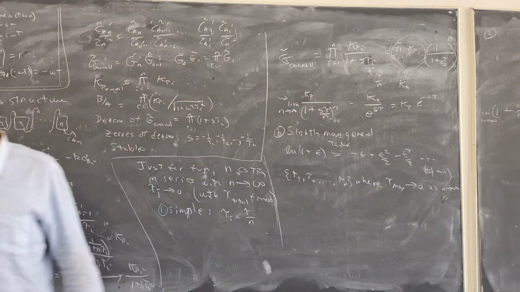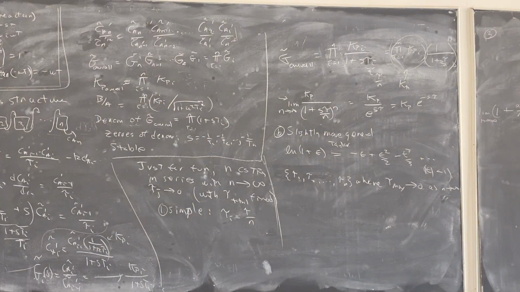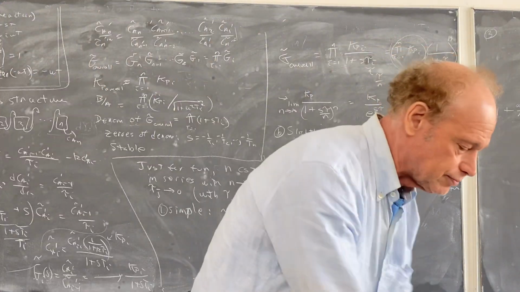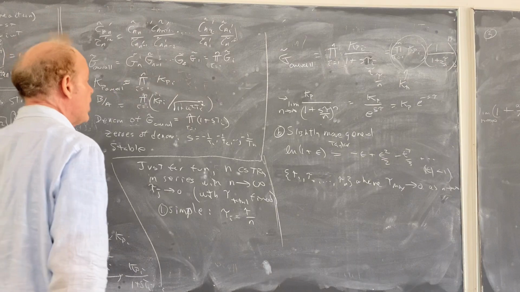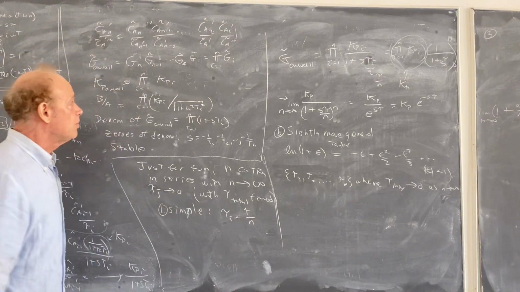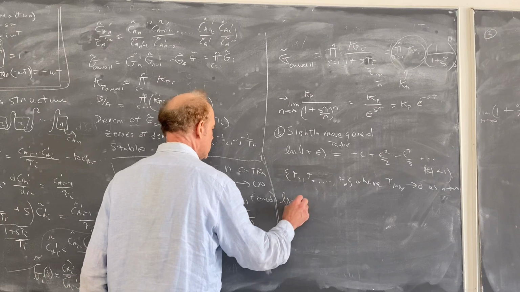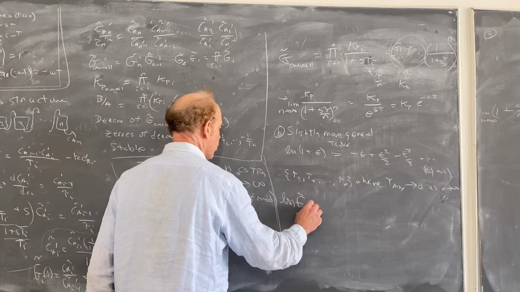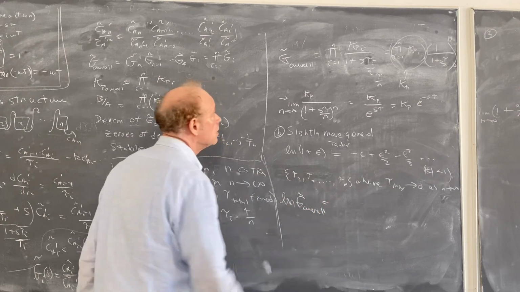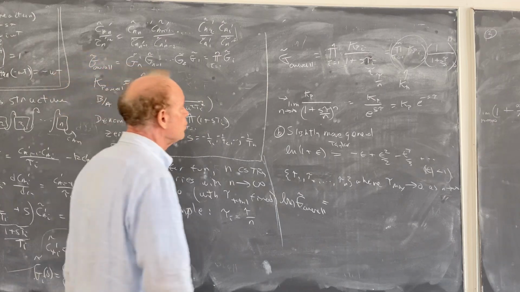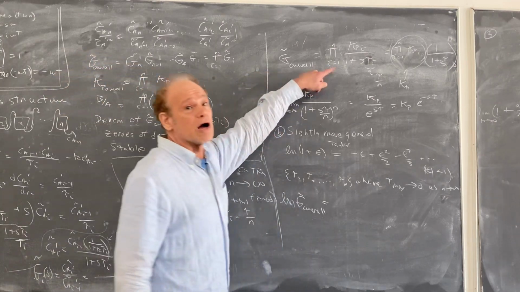So that's good enough. I don't really need them all to be the same. And then I can do the same thing. I can do the same argument, and I can look at the log of G tilde overall. And that's equal to the log of a product.